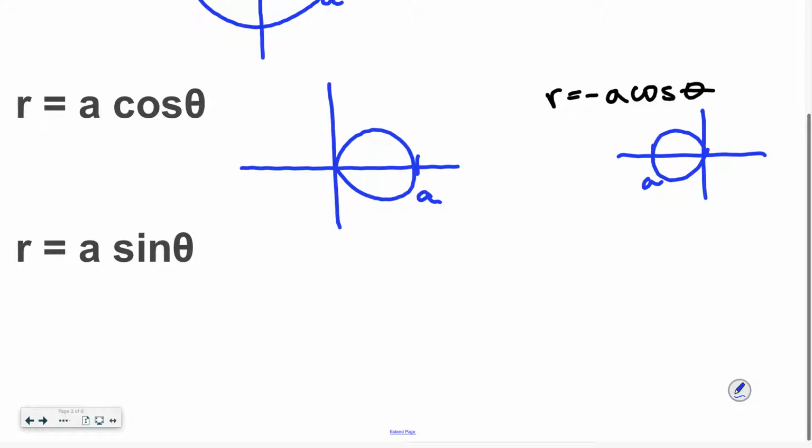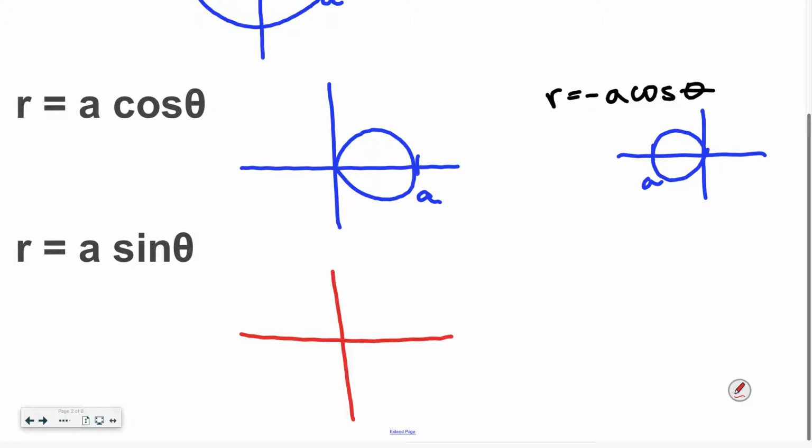Okay, so if you have R equals a positive A cosine theta, our circle is going to be on the positive side of the pole. If we have a negative A, it's going to flip to the left, where we think of those more negative values. Okay? So if we have cosine, our circle's going right or left. If we have sine, where's our circle going to go?